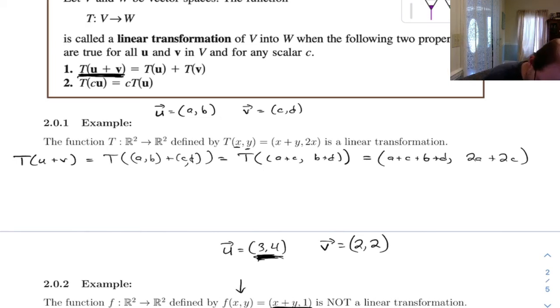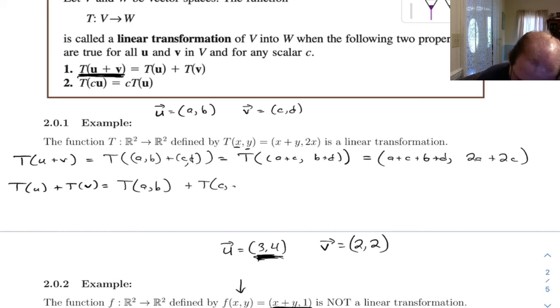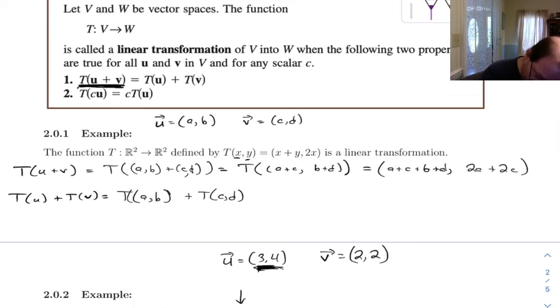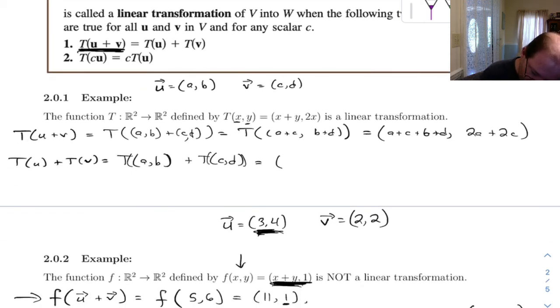If we come back and we also do T of u plus T of v, since this one is linear, it's going to work out. T of u is T of (a, b) plus T of (c, d). I guess I should technically have double parentheses on these. T of (a, b) is going to be, when we plug in a and b here, a plus b and then 2a.